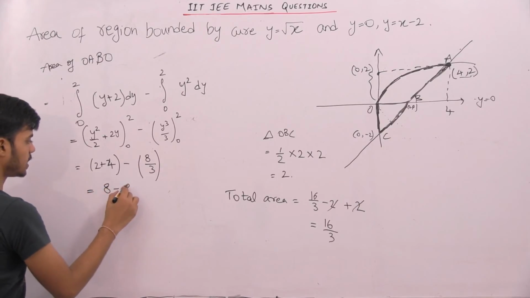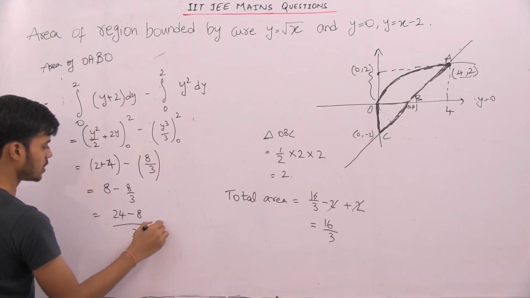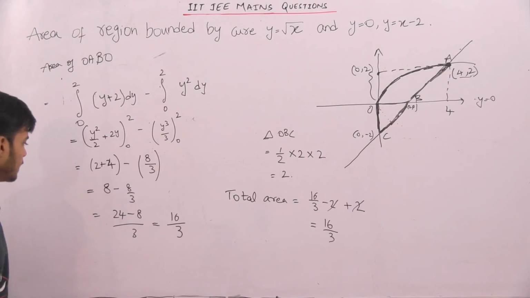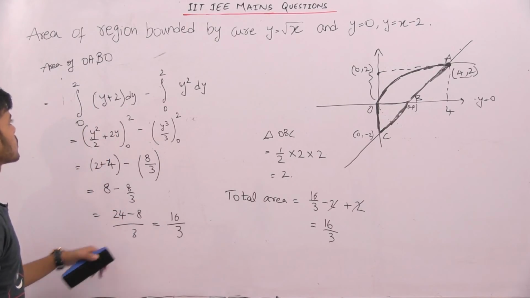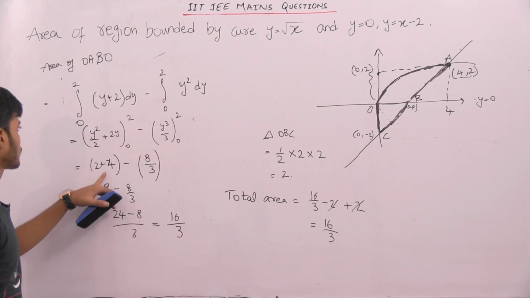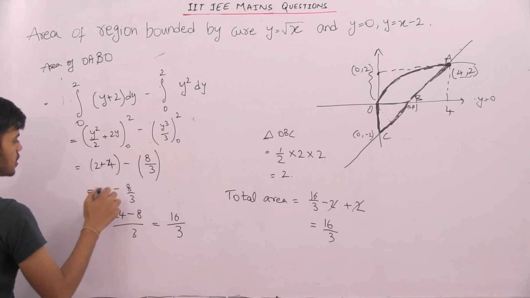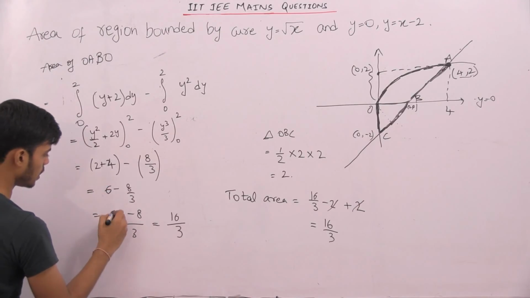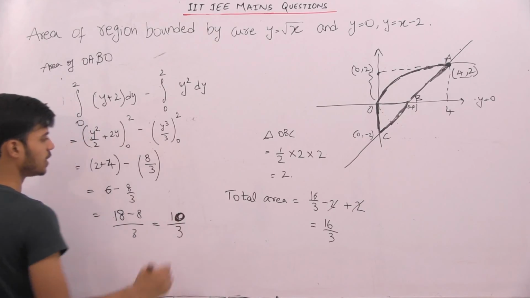So 6 minus 8 by 3, which is 18 minus 8 by 3, which is 10 by 3.